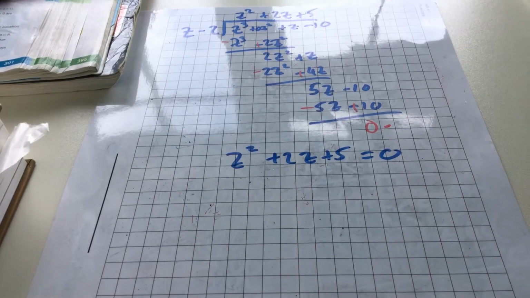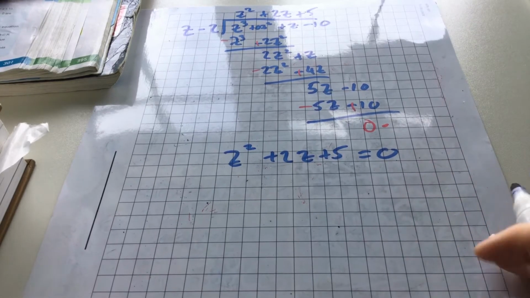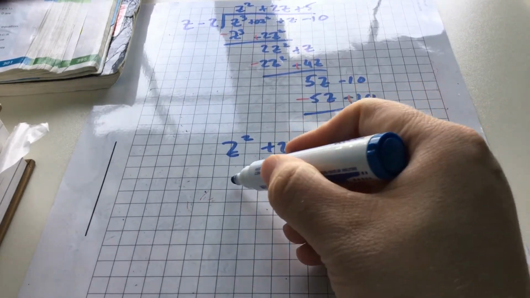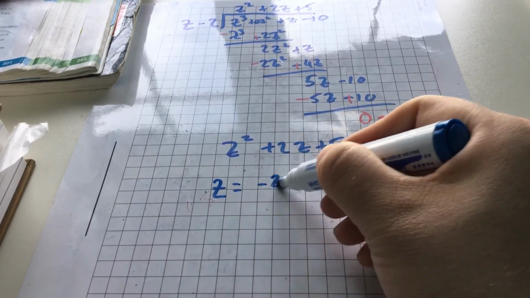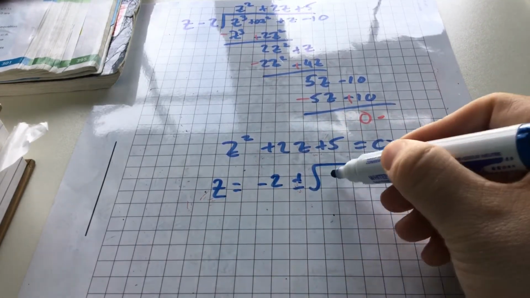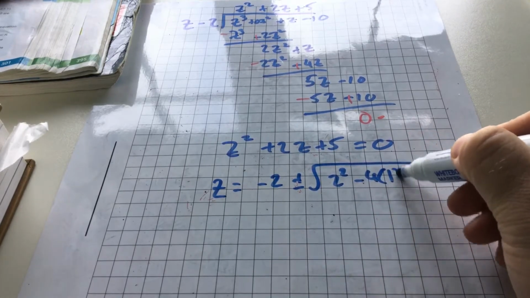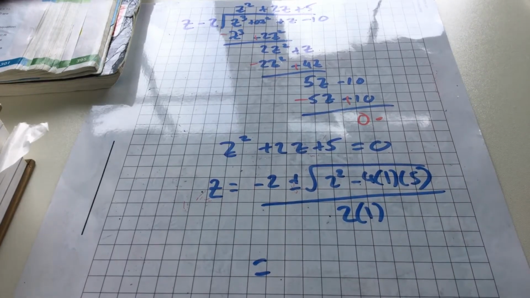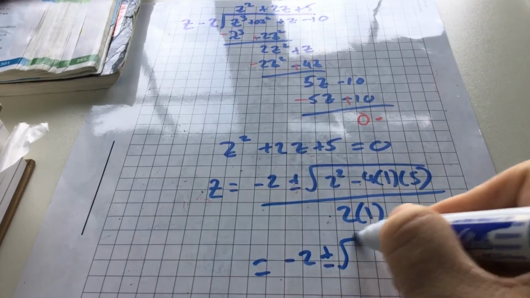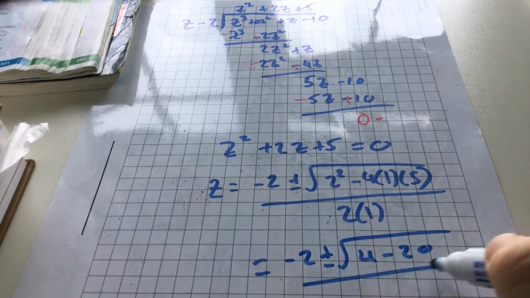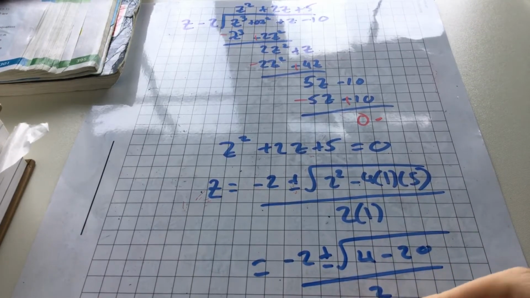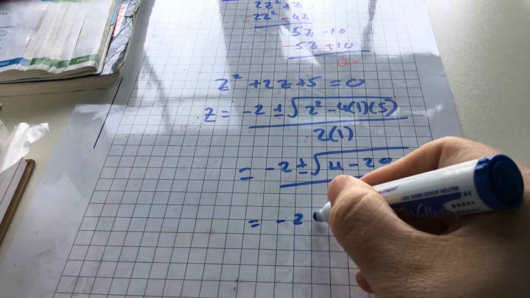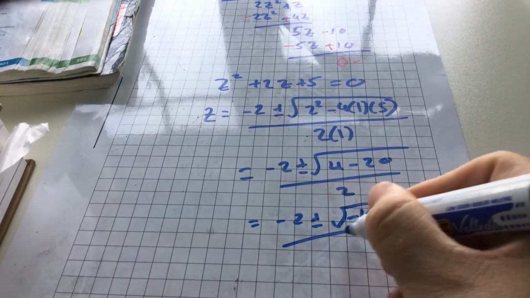That's the complex factor. That's the factor of the quadratic, which has 2 complex roots. So I want to find the roots. I'll let it equal 0 and I'll use the minus b formula. So z is minus 2 plus or minus root 2 squared minus 4 times 5, so minus 2 plus or minus root 4 minus 20 over 2, minus 2 plus or minus root minus 16 over 2.